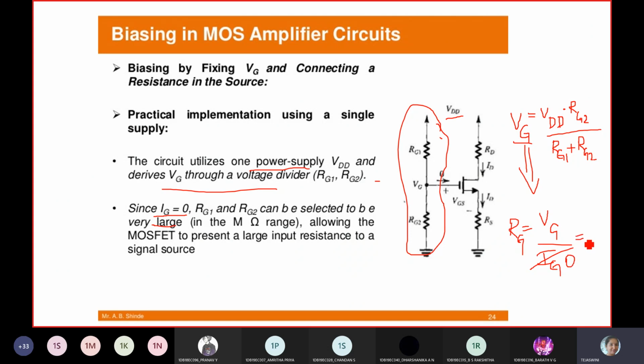Anything by 0? Infinity. That is infinite, meaning we are taking it in the range of mega ohm. That's why a MOSFET has high input resistance, allowing the MOSFET to present a large input resistance to a signal source. Okay.